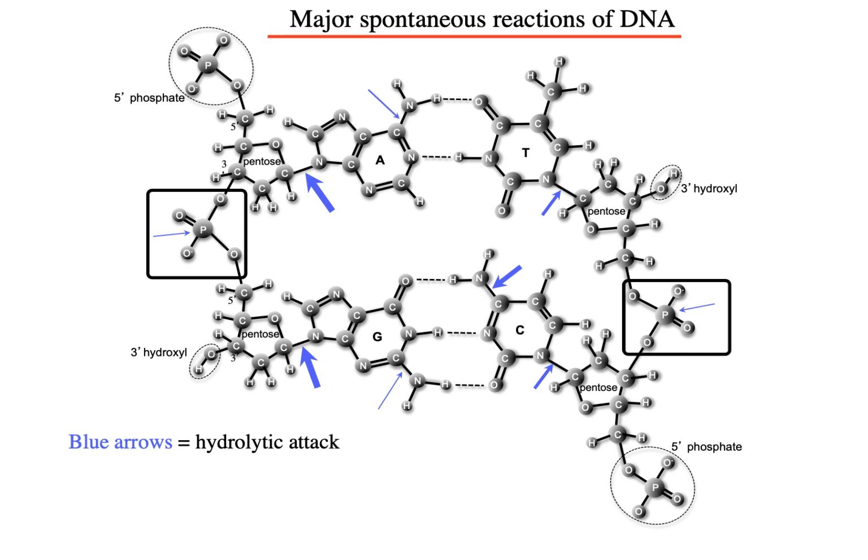And then there are some minor effects too, where you can nick the DNA, that is, break the diphosphate bonds, so that you essentially nick the strand of the DNA.